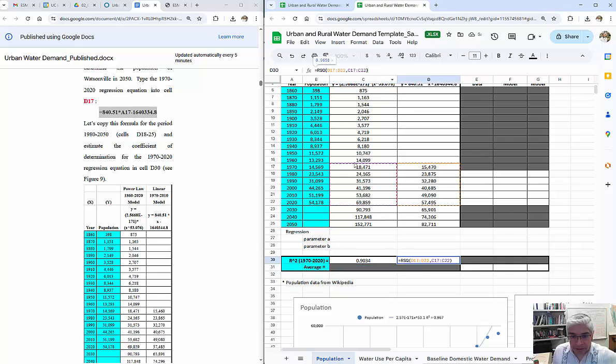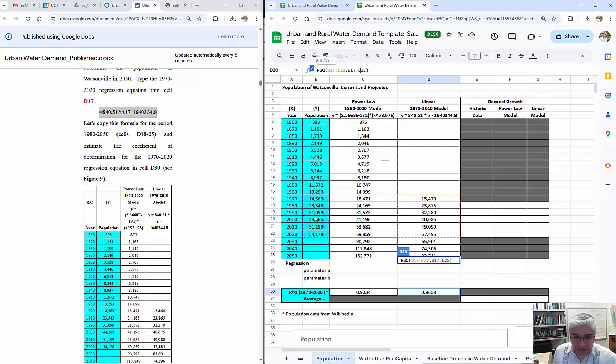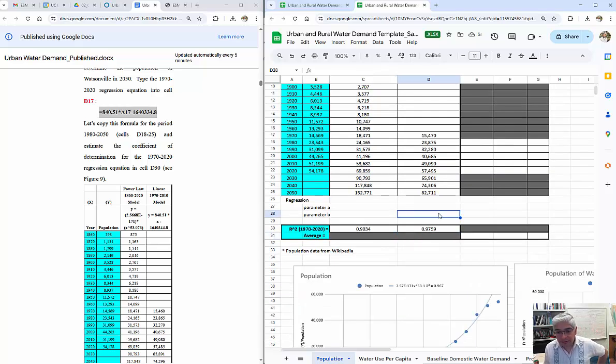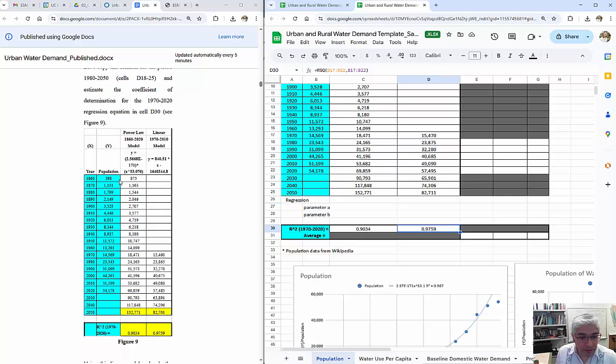In this case, the R square has to be from the observed population, the census population here, versus the predicted population. And there you go. We have that now it is 97.56, which is what we have in here.